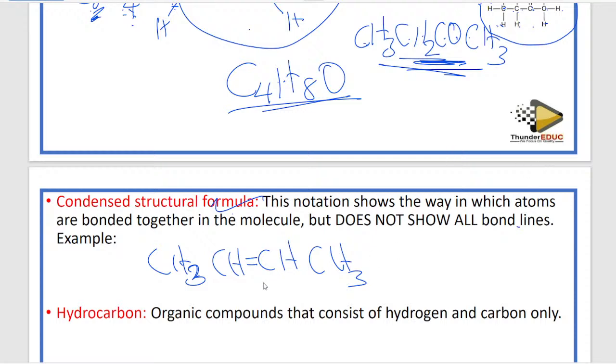Yes, it can show some bonds, but sometimes it doesn't show completely. Sometimes we can hide them. And they ask you to write the structure formula for that. You need to know how many carbon atoms, how many bonds are on each carbon atom. If you distribute all the hydrogens and they are finished, the only option you have is to introduce a double bond or a triple bond somewhere so that you are covered.